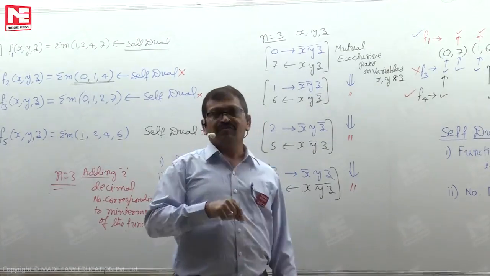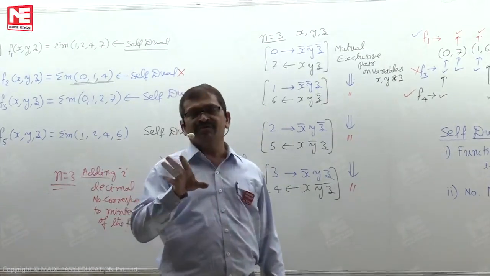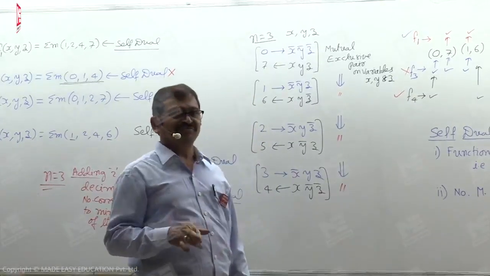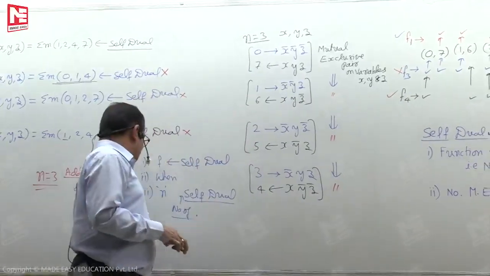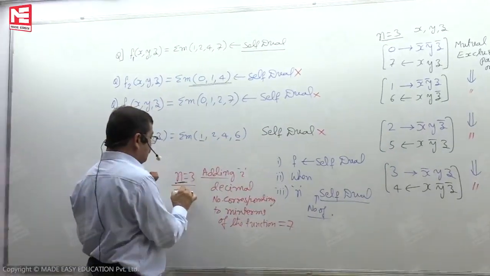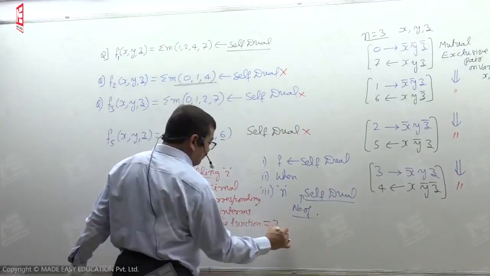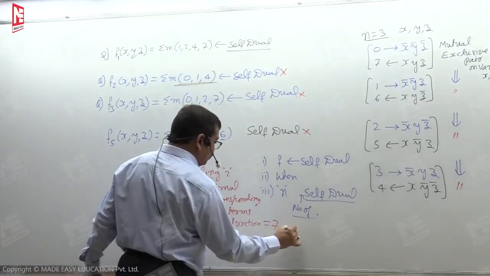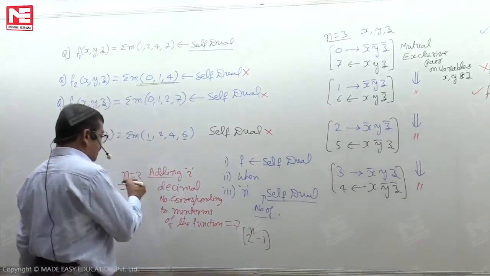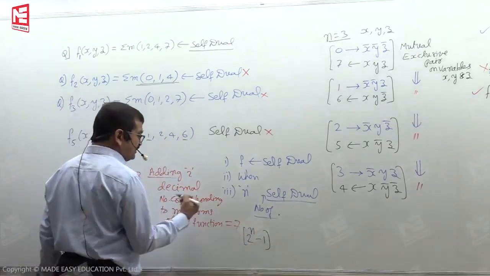On 3 variables we are talking. Once it is equal to 7, the function is not a self-real function. So this is the discussion on 3 variables. On n variables, our check is supposed to be 2 to the power of n minus 1. Here n is 3, so 2 to the power of 3 minus 1 is 7.